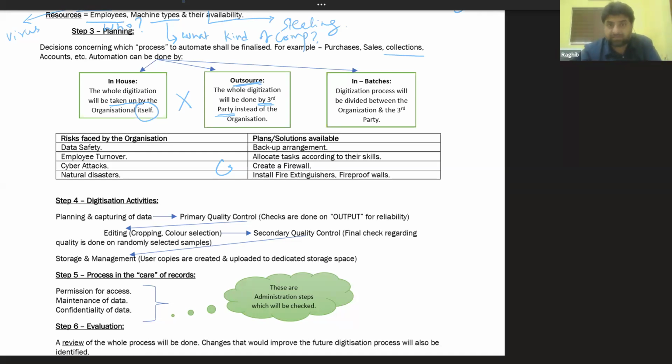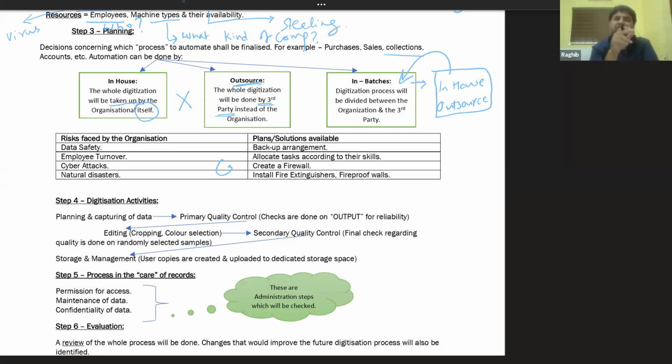Now, what is in batches? This is like a hybrid of in-house and outsource. Two of them together, in batches. Okay. Now, how is this? You do not have that much time, you do not have that many people involved with you, and you believe that some information is important, some information is not so important.